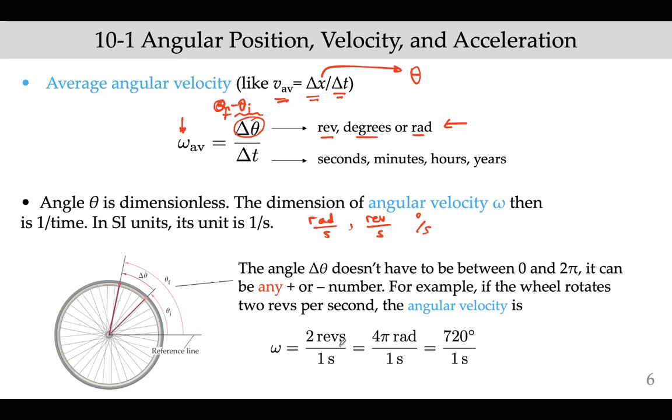So we write 2 revs here, divided by the time, which in this case is given as 1 second. So the angular velocity is 2 revs per second, or you can convert 2 revs to 4 pi and say 4 pi radians per second, or you can convert it to degrees and say 720 degrees per second. See, these are all angle units.